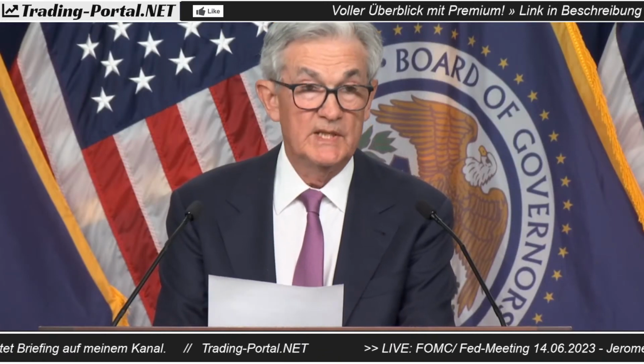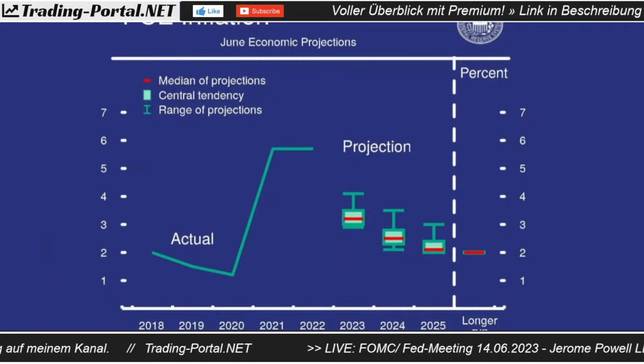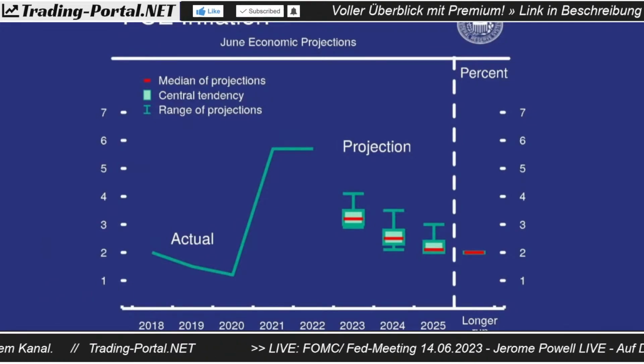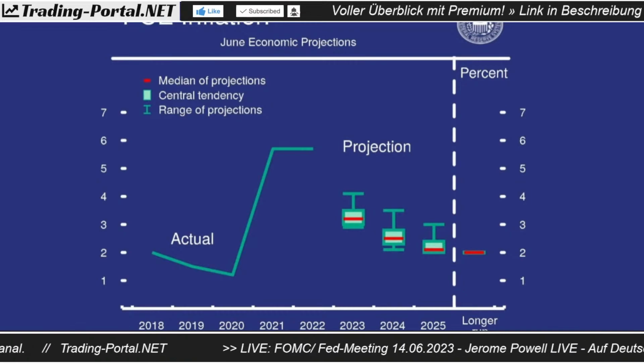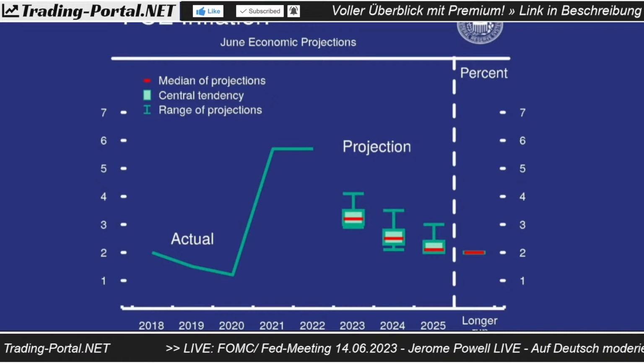Nonetheless, inflation pressures continue to run high, and the process of getting inflation back down to 2% has a long way to go. The median projection in the SEP for total PCE inflation is 3.2% this year, 2.5% next year, and 2.1% in 2025.